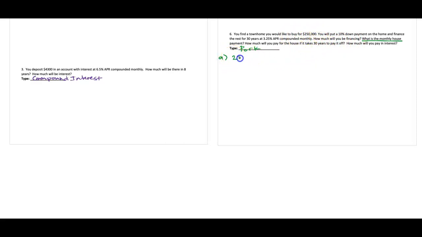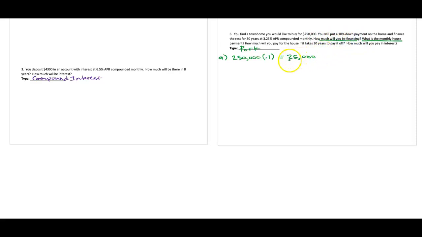So I'm going to have 250,000 times that 10%, which is 0.1. All right, so that's going to be 25,000 is how much the down payment is, but that's not what it's asking. It's saying how much will you be financing.